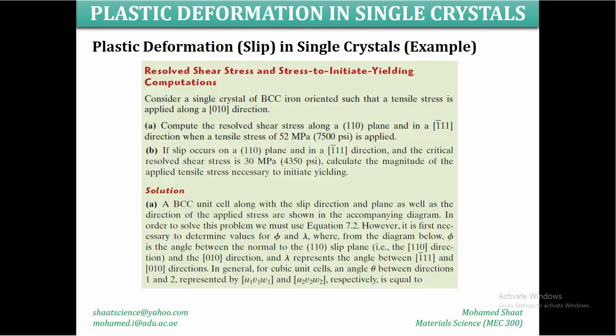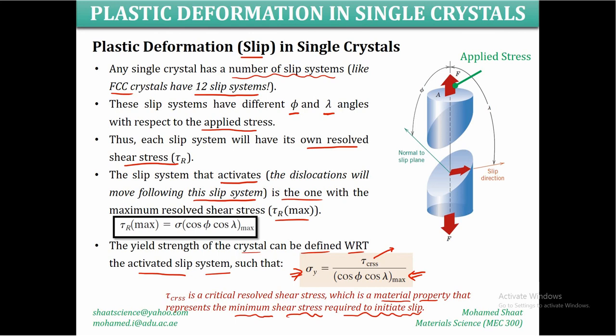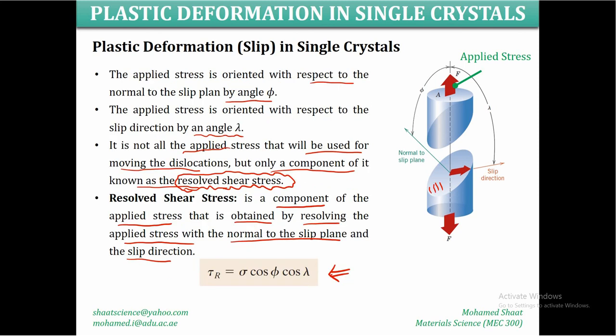So this is simply how plastic deformation is done within a single crystal material, and this requires, as I mentioned, a specific value for the shear stress. This applied stress should be bigger than the yield strength of the material to achieve plastic deformation. And it is not all of the applied stress, it is part of it that is used for moving the dislocation.